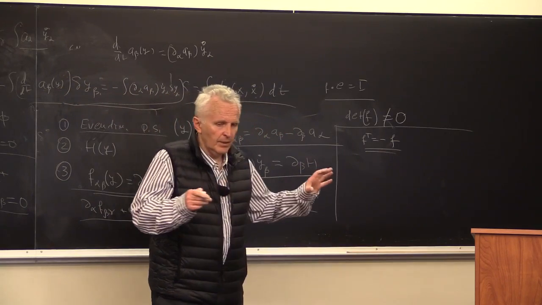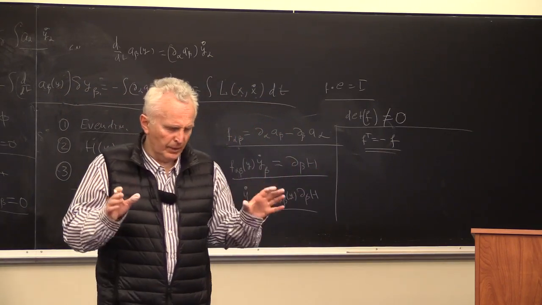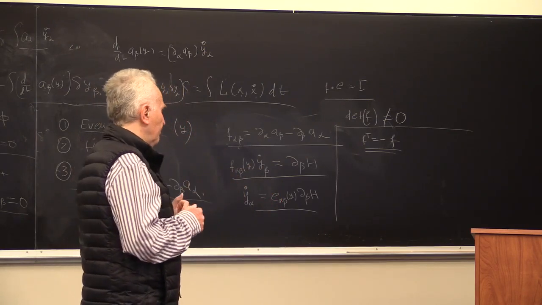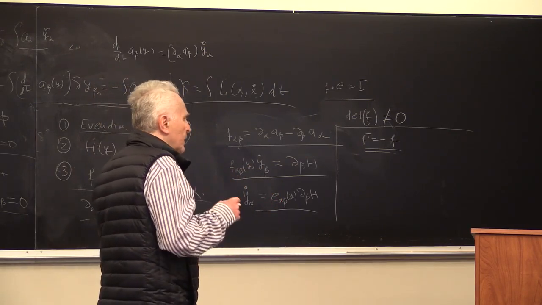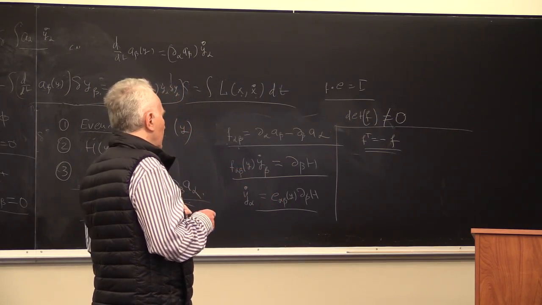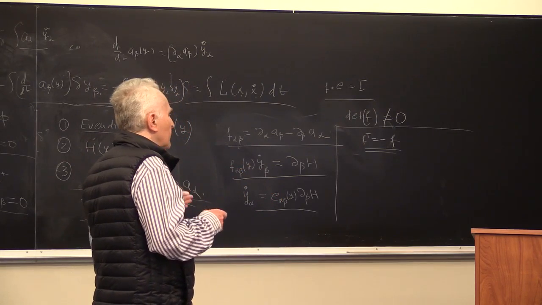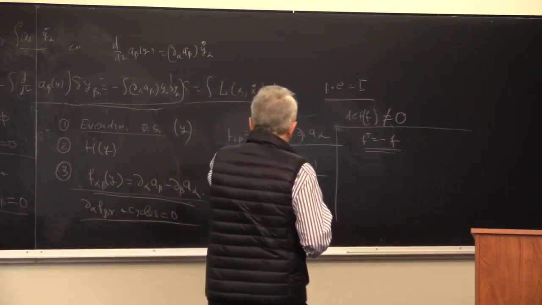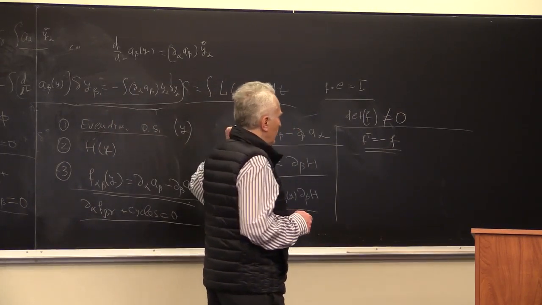It's a very simple statement and quite general that when you have an antisymmetric matrix in odd-dimensional space, its determinant is always 0. And so this equation is not invertible.